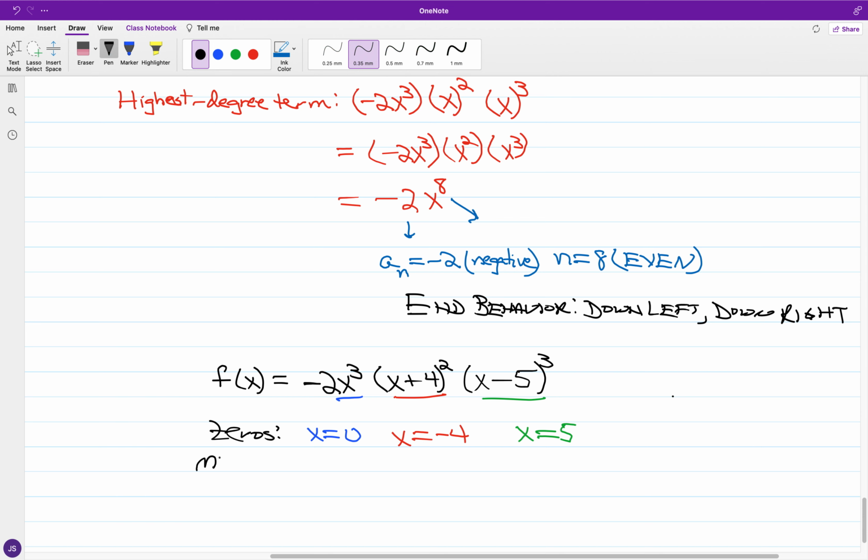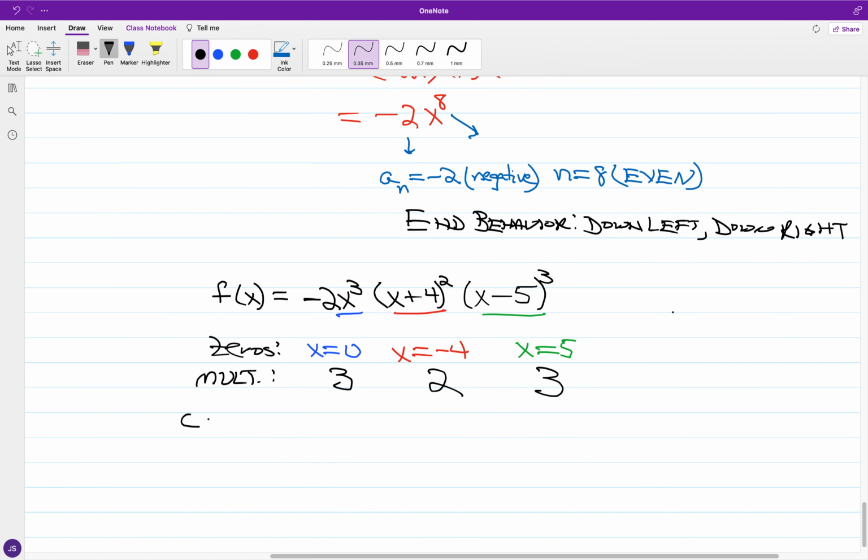Now for the multiplicity, okay, you have 3 for the multiplicity. -4 stems from x plus 4 to the second. 5 stems from the cube of x minus 5. In terms of crossing or touching the x-axis, okay, so you have for x equal to 0, multiplicity is going to be at 3. So it's going to cross at x equal to 0.